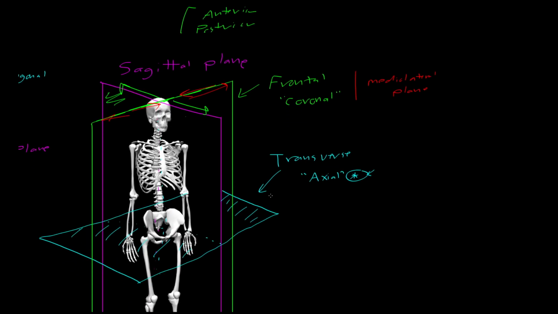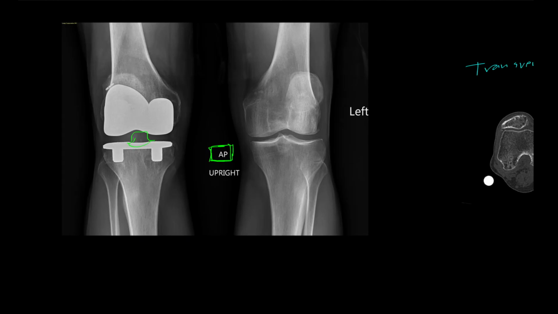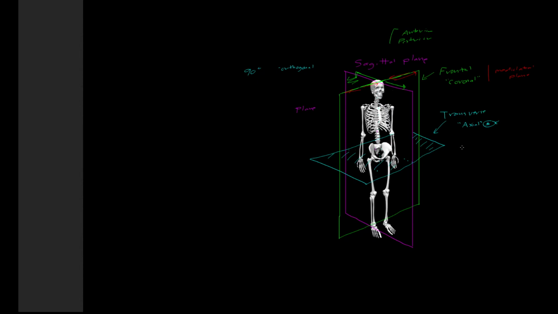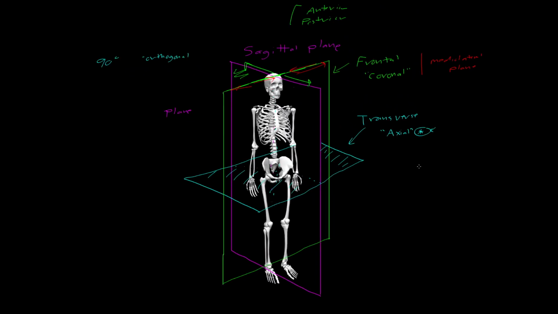And we'll talk about in the next video what it means to move in those directions. Okay, so we'll just cross that off and we'll write this is a frontal plane image.